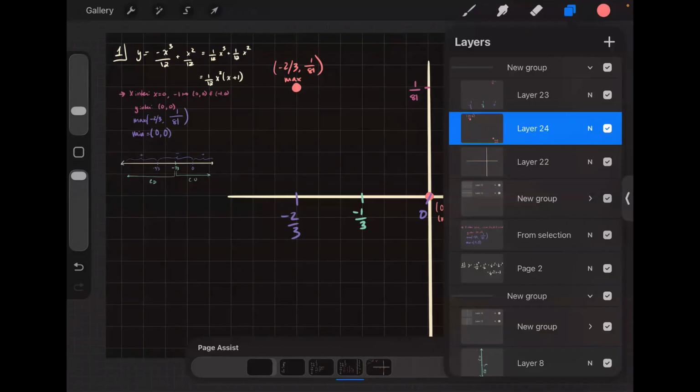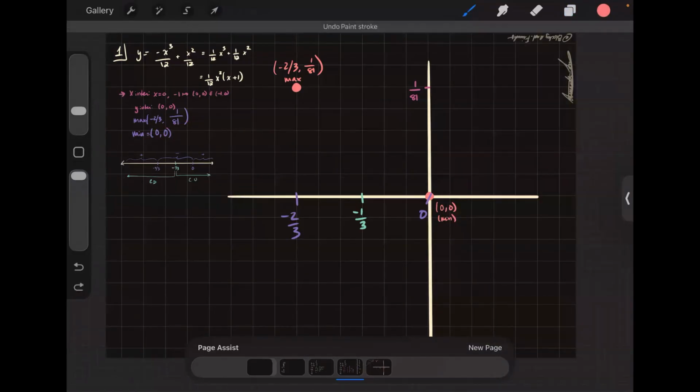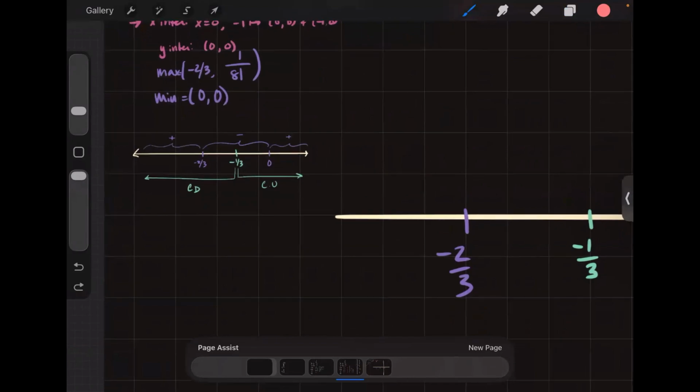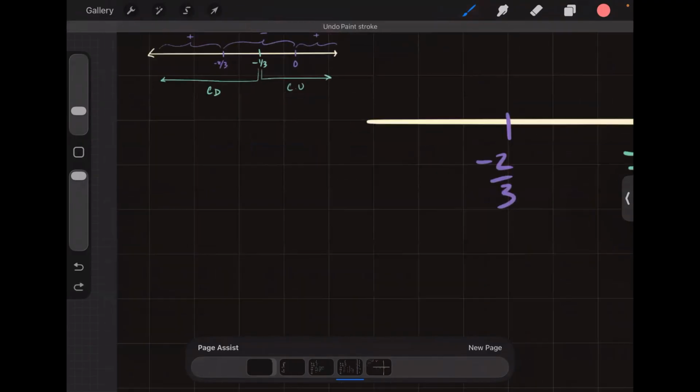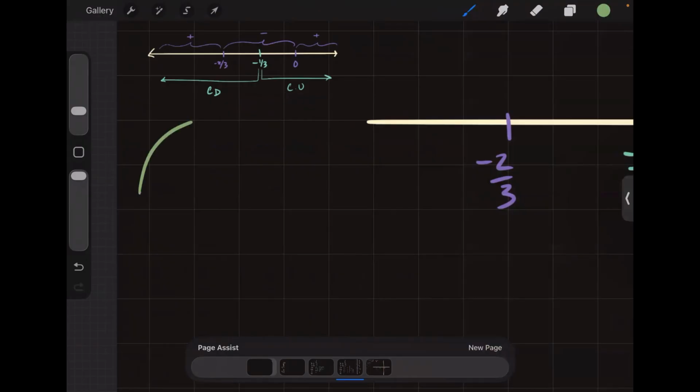Now we're going to start mapping this out. Okay? From negative infinity all the way to negative 2/3, you're concave down, increasing. Let's revisit what that looks like. This is concave down, increasing, and concave down, decreasing.